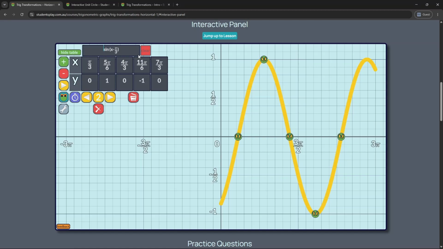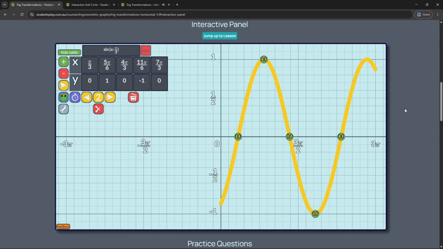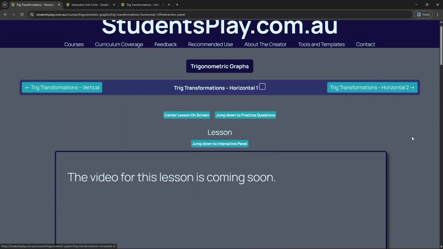Okay, cool. Now, we haven't talked about timesing yet. So remember, we can also times the angle, which basically makes it move faster. We're going to talk about that in this next lesson up here, which is number 2.